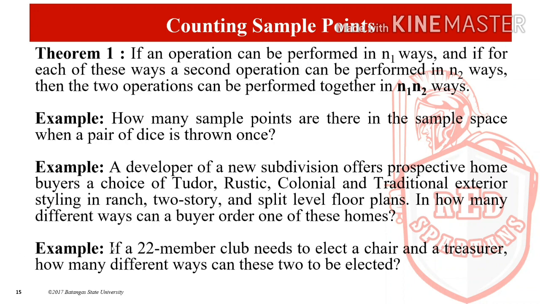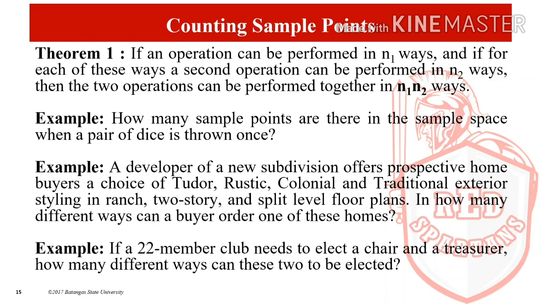Then another example, if a 22-member club needs to elect a chair and a treasurer, how many different ways can these two be elected? So yung n sub 1 natin is 22 members. So ibig sabihin kung masiselect yung isa as chair or chairman, for example, ibig sabihin pag nag-elect ng treasurer, 21 na lang yung pagpipilian natin.